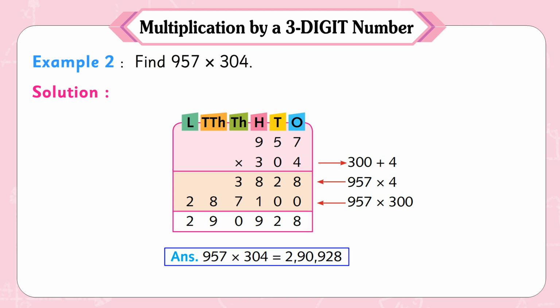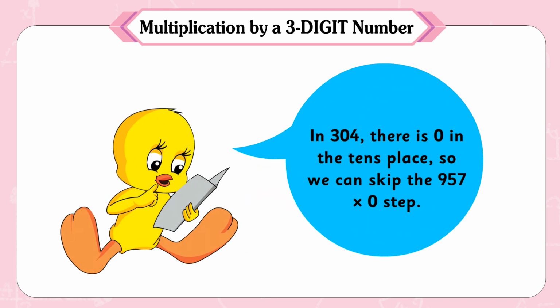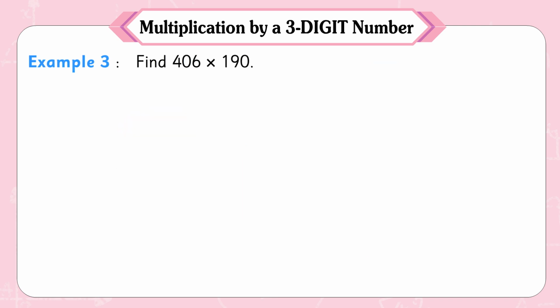Answer. 957 into 304 is equal to 2,90,928. In 304, there is 0 in the tens place. So, we can skip the 957 into 0 step.